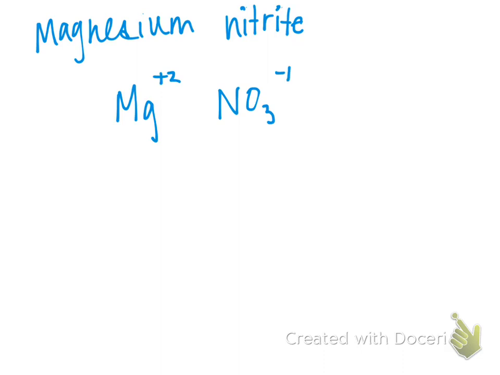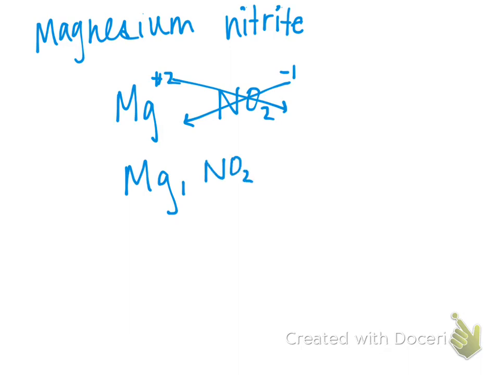Nitrite is a -1, and I wrote down nitrate, sorry, NO2. So if I'm looking at these charges, how many nitrites do I need to balance out magnesium? 2. And if I use my crisscross method, I would see the same thing. So I would be left with Mg1 NO2 2. So here's the problem, right?